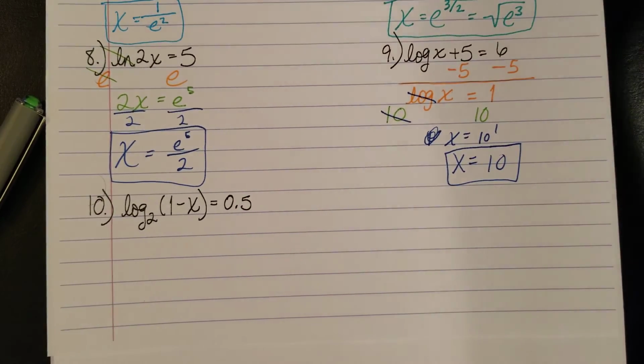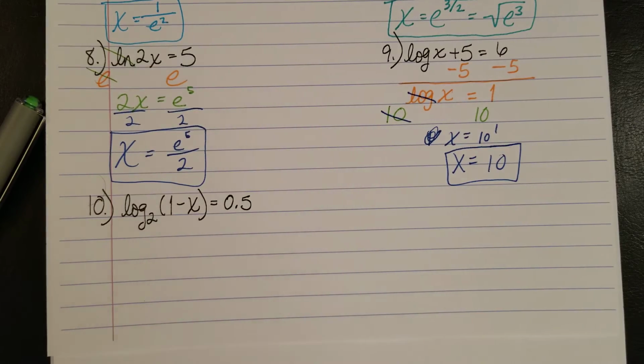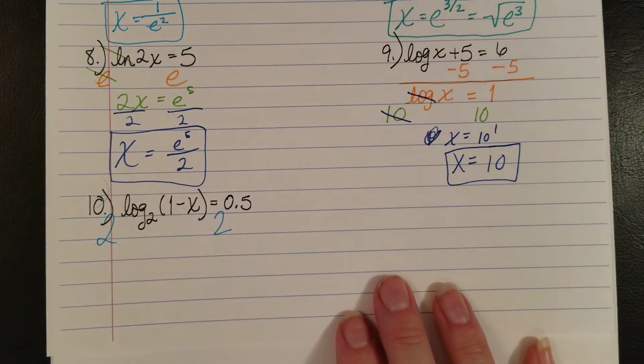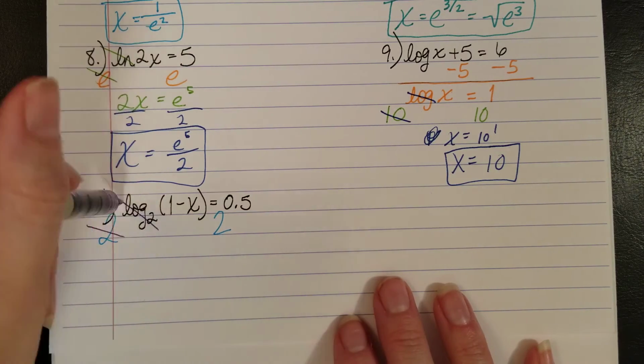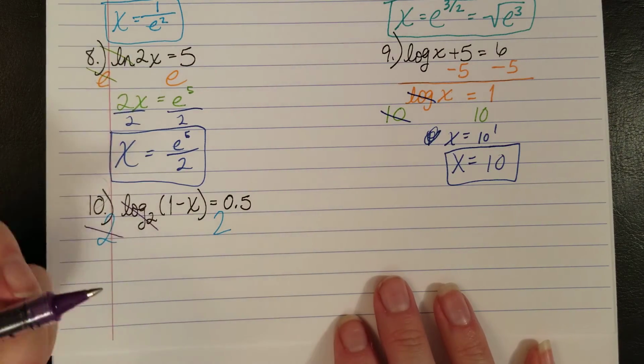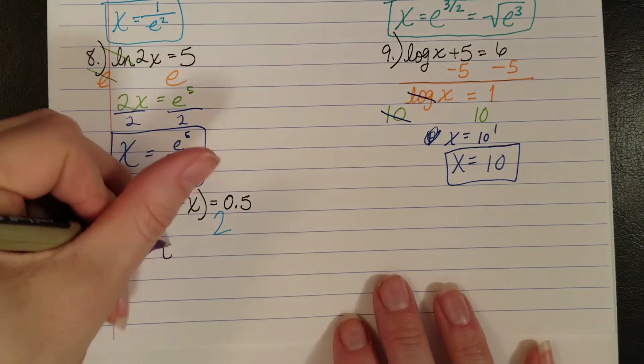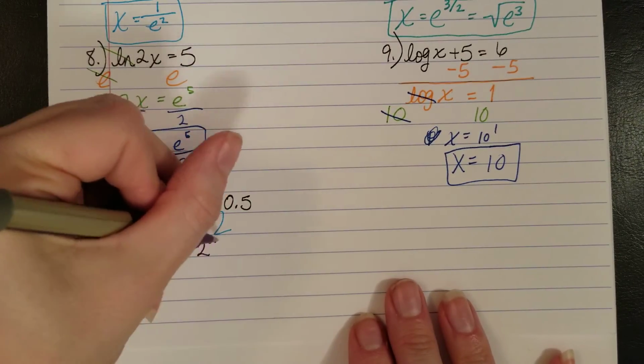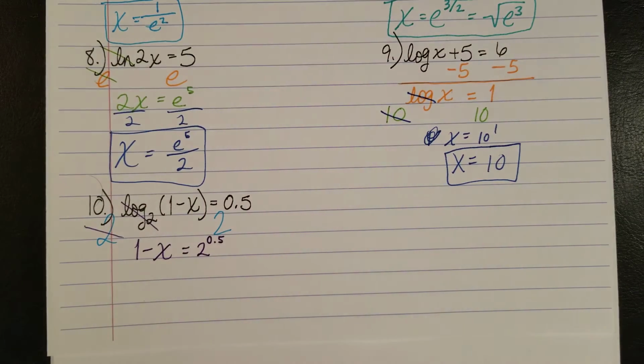All right, so I'm going to take a big 2 here and there. So that lets me cancel out that and that. So that leaves me with 1 minus x equals 2 to the power of 0.5.